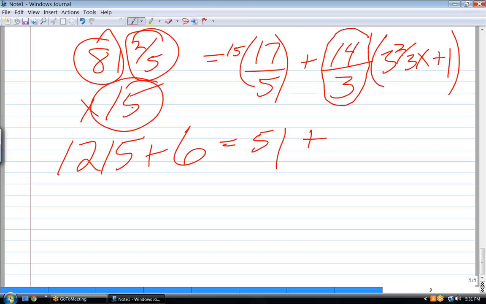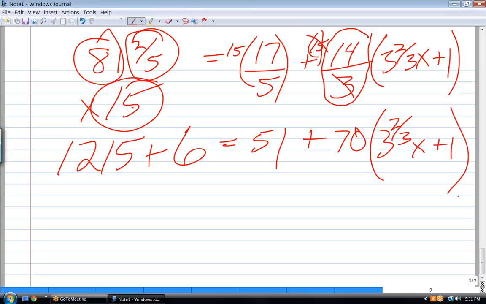We don't need to worry about what's inside there yet. And so then you multiply 15 by that and get, yeah, 5 times 14, which is 70. Now I'm going to leave this exactly the same for a moment.